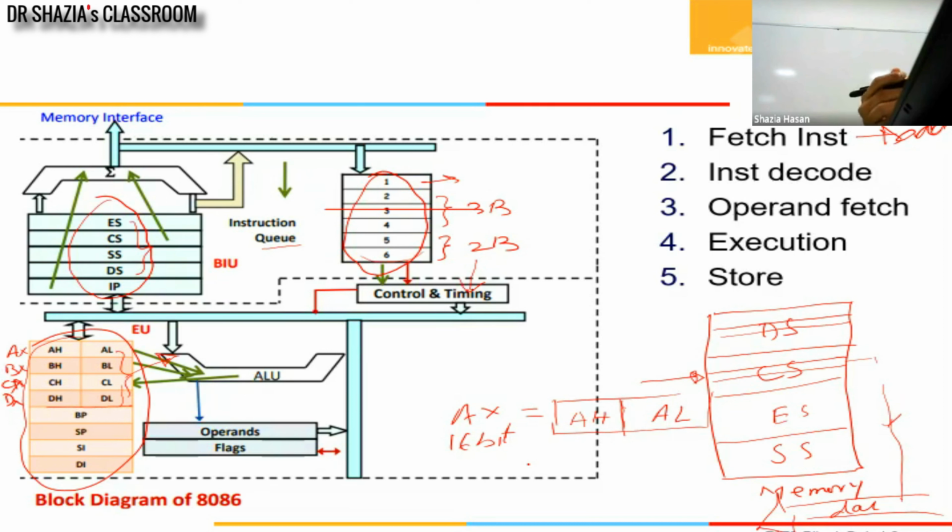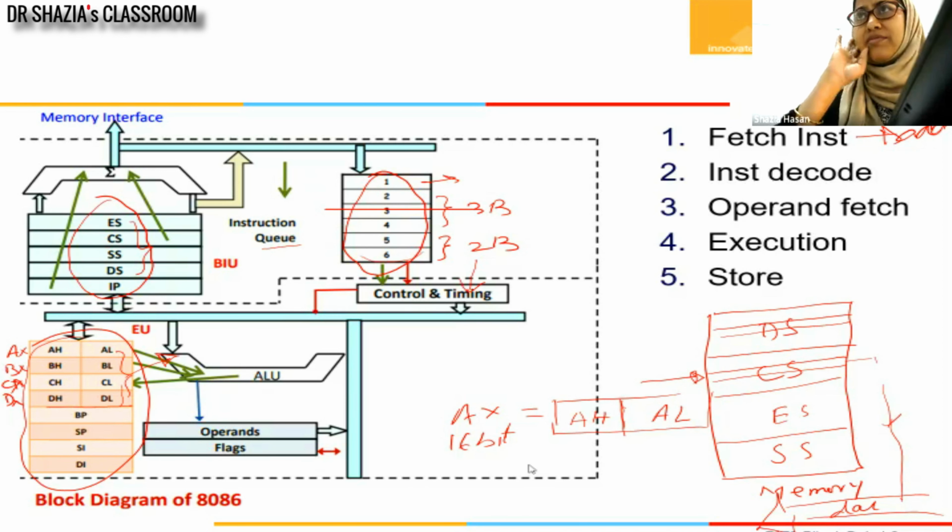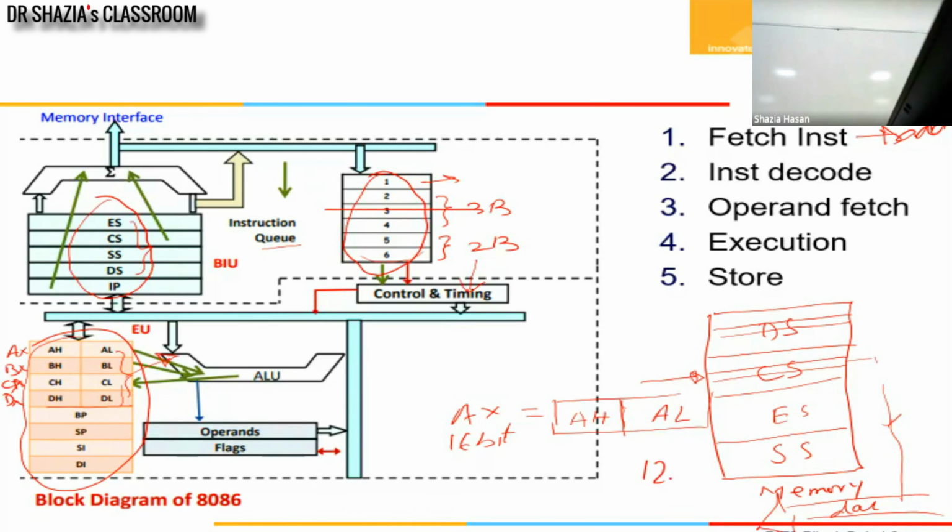So if you have 16 bits of data, you can use the AX register directly. But if I have 8 bits of data, say my data is 12H, and I use the AX register and write AX equals 12H, it will actually store 0012H in the AX register, because when you write AX, it is 16-bit.